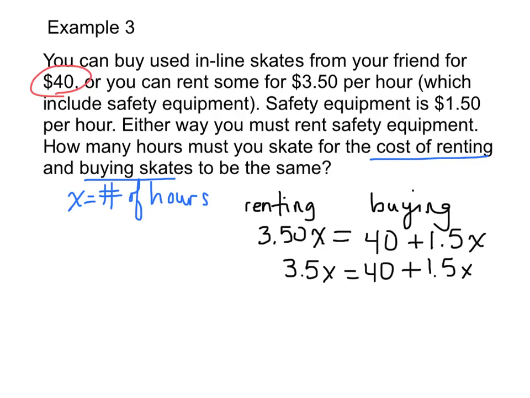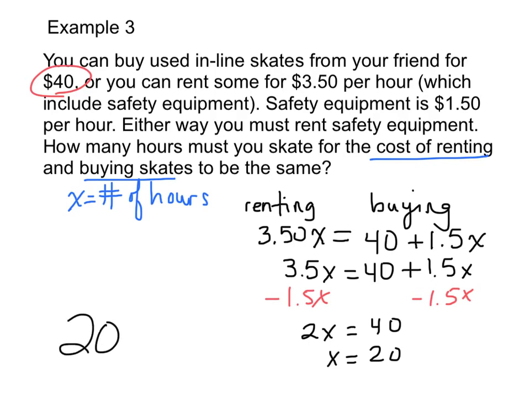I'm going to move the plus 1.5X by subtracting 1.5X. 3.5 minus 1.5 is 2X equals 40. X equals 20. So answer the question. You got to be precise and label. How many hours must you skate? It'd be 20 hours.